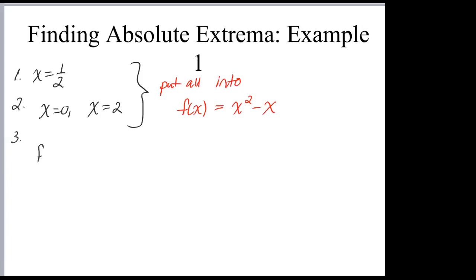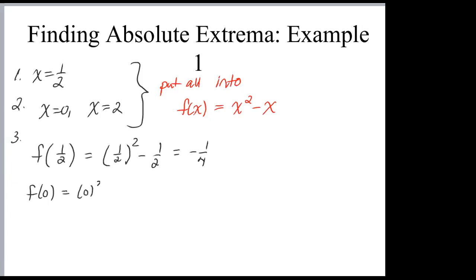So f of 1/2 is equal to 1/2 squared minus 1/2, which is equal to negative 1/4. F of 0 is equal to 0 squared minus 0, which is 0.